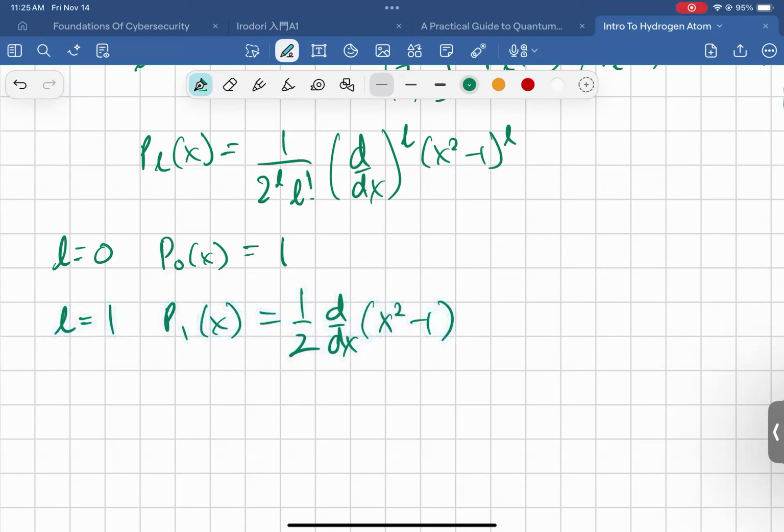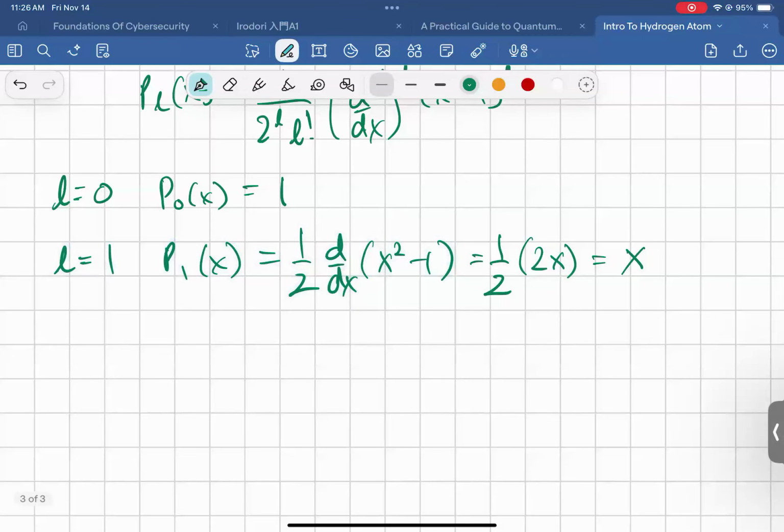Okay, so ano lang gagawin natin dito? Kukunin natin yung derivative nito. So 1 half, anong derivative niyan? That's 2x or equal siya sa x. Okay. And then, okay, and then.